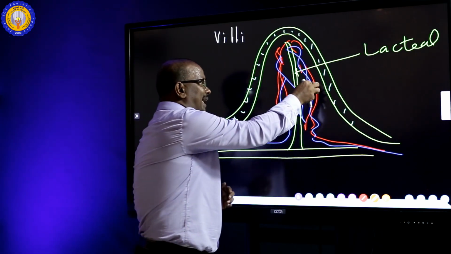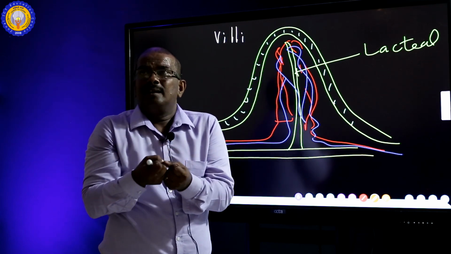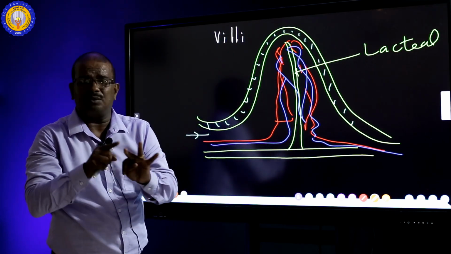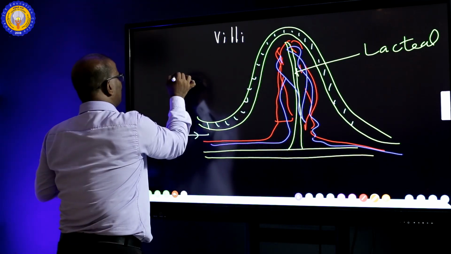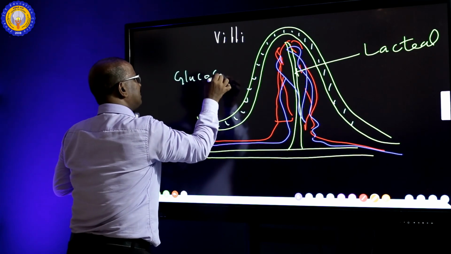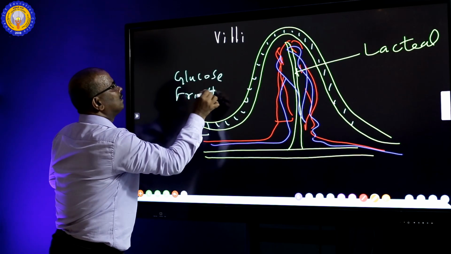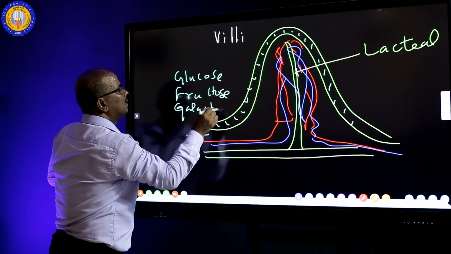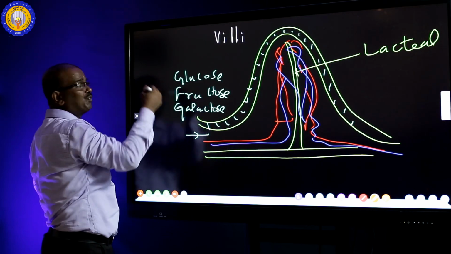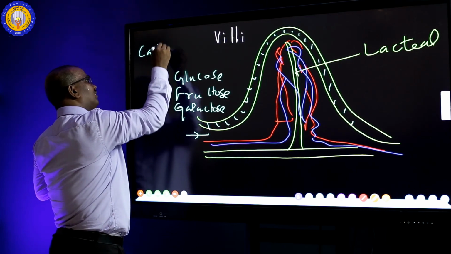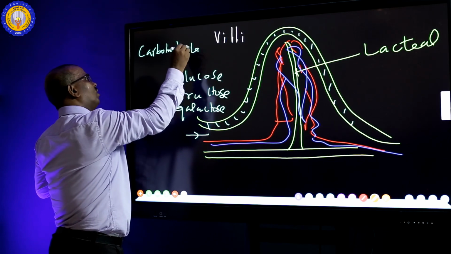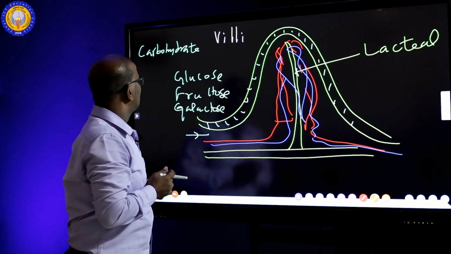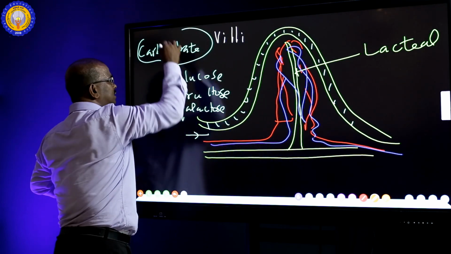These blood capillaries absorb the carbohydrate end products, that means monosaccharides: glucose, fructose and galactose. These are formed from carbohydrates like starch, sucrose, lactose and maltose, which become the simplest form.